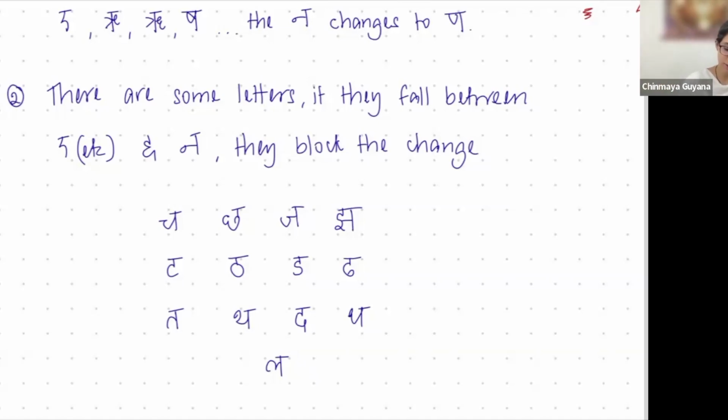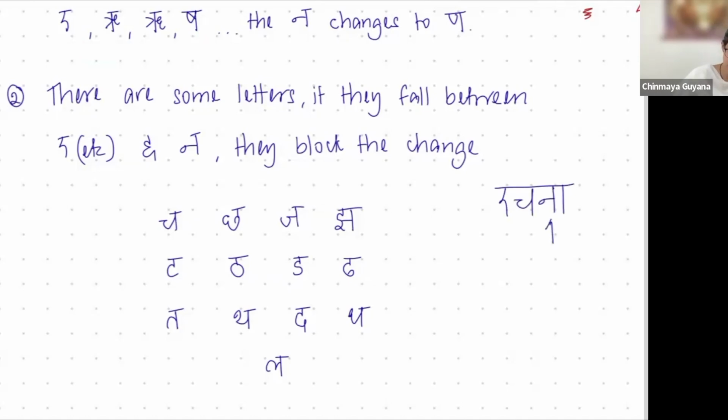There are some letters, if they fall between r, etc., meaning this r, and sh, and the n, they block the change, meaning the change will not happen. For example, a word like rachana. Rachana.